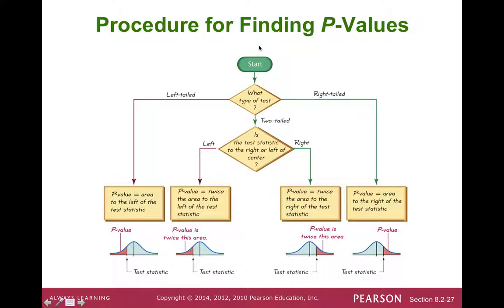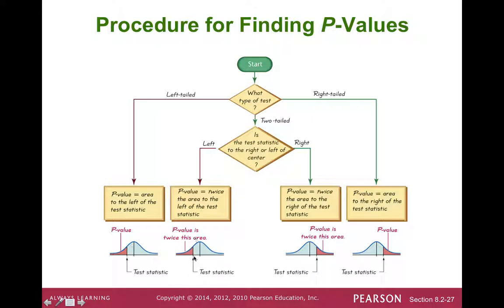Okay, so when you're determining p-values, this is a good diagram to follow. If you know whether you have a left-tailed, right-tailed, or two-tailed test, you can follow this, and this will help you figure out basically how to define your p-value. So again, this would be a left-tailed test. Here would be your test statistic, like your z-score or t-score, and your p-value would be this.